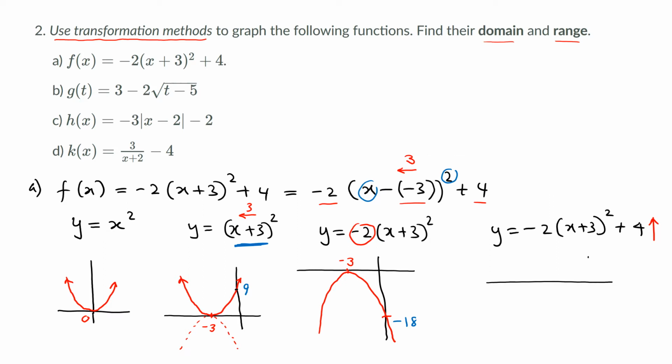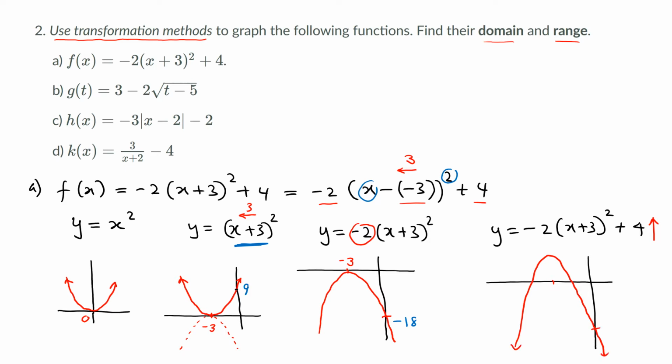So you're going to lift this one by 4 units, and -3 stays at -3, no changes. So it's going to go up and then go down like that. Good. Okay, so that's the final graph.